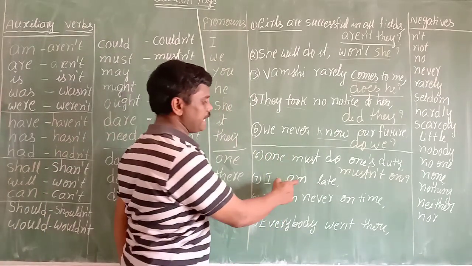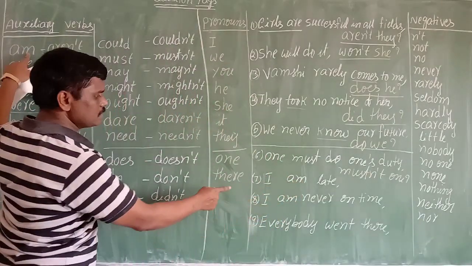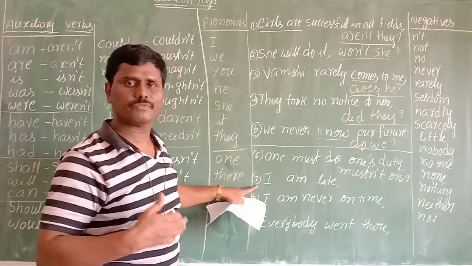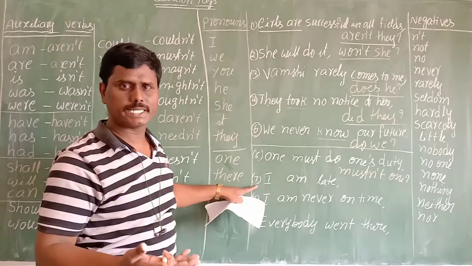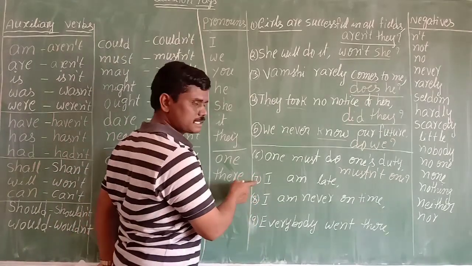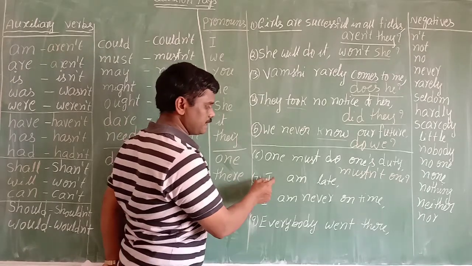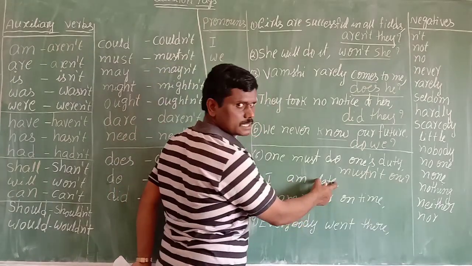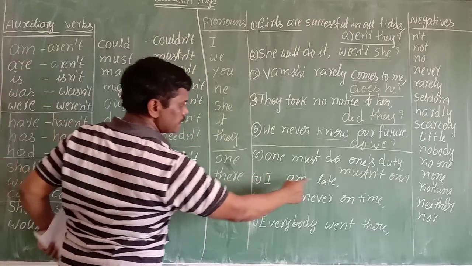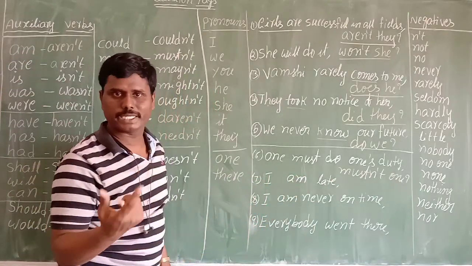Then, I am late. Here am. This is very, very important. It is asked in a number of examinations, conventional examinations and high level competitive examinations. I am late. Am is the helping verb. Is there a negative word? No negative word.